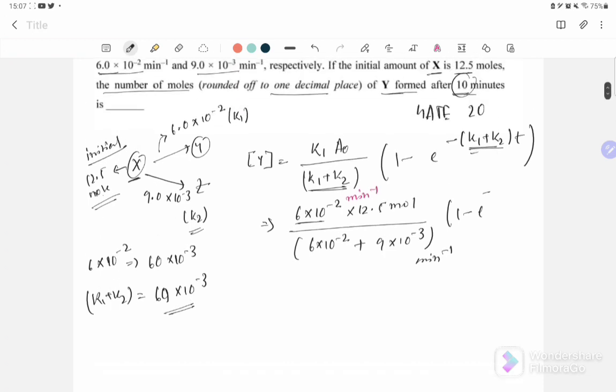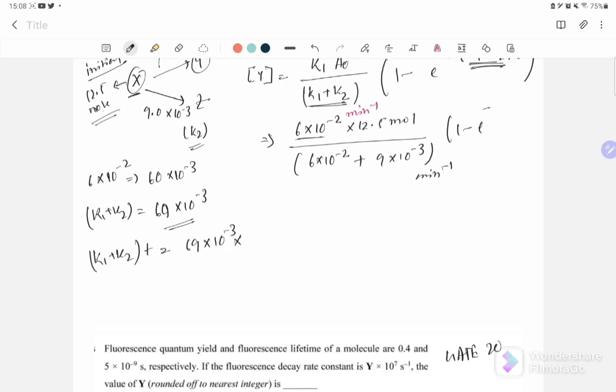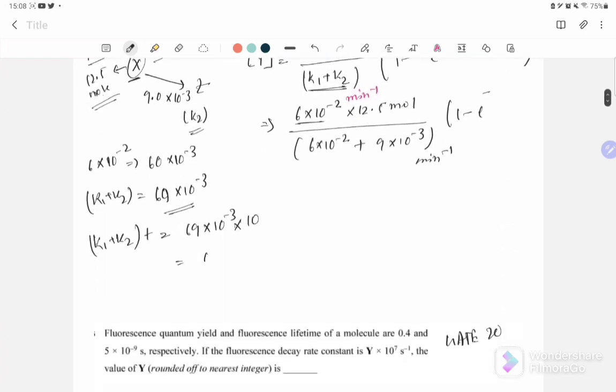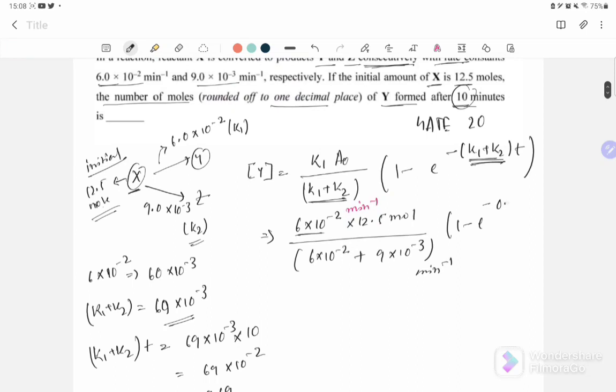Then K1 plus K2 into T will be 69 into 10 to the power minus 3 into T, which is 10 minutes, so it will be 69 into 10 to the power minus 2, that is 0.69. This is a simplification.